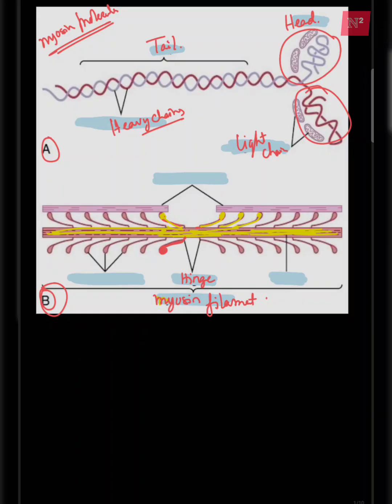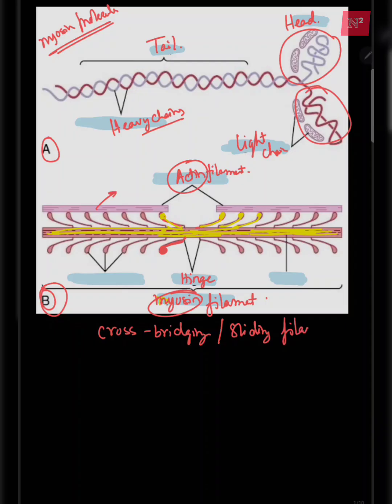What is this? This is a typical actin filament. Now in a muscle myofibril, the muscle tissue, the filament is made of actin and myosin. When we do contraction, there is a process generated called cross bridging, or sliding filament.